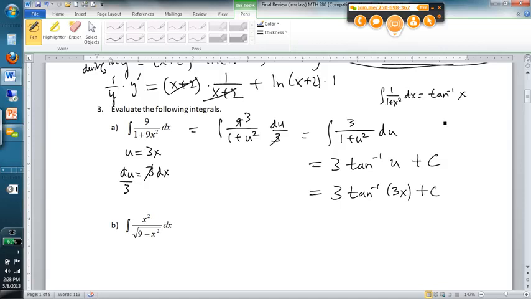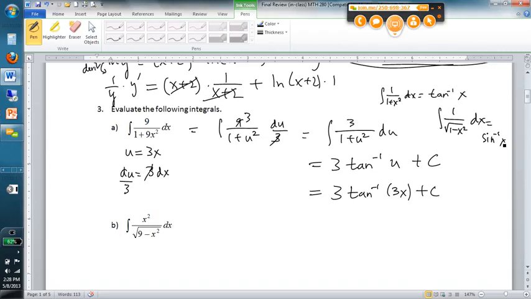If I have 1 over the square root of 1 minus x squared or something vaguely familiar to that, that's sine inverse. Those are probably the two big ones there. So that's one possibility of integrals.